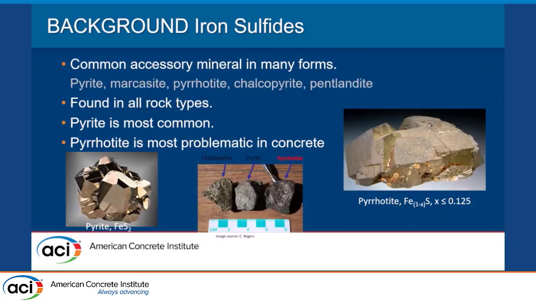So to give you an idea on what are iron sulfides for those of you who may not be familiar with it. These are common accessory minerals that come in a variety of forms. We have pyrite, which is the most common. Marcasite is a different form of pyrite that's actually more reactive.